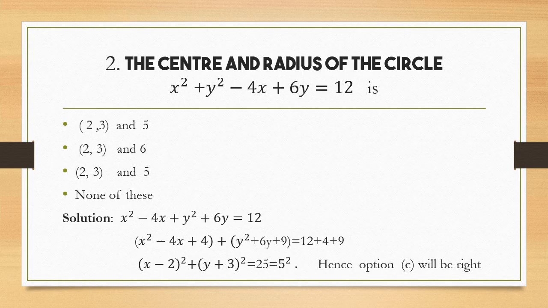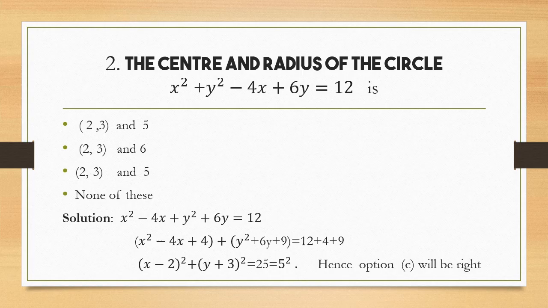We all know the standard equation of a circle is x minus h the whole square plus y minus k the whole square equal to a square. We observe this: in place of h you have 2, and in place of k, because it is not in standard form, y plus 3, you need to write that plus 3 as a minus of minus 3.